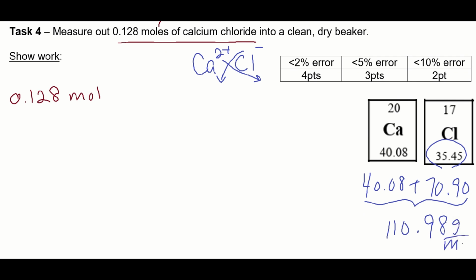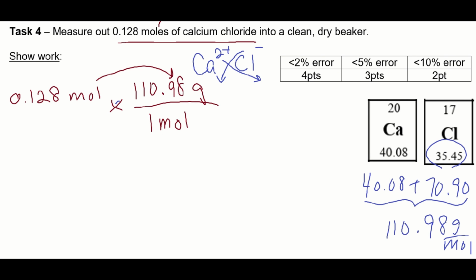grams per mole. All right, so now that we know that, we can use that as our conversion factor to convert moles to grams. Put moles on the other side of our conversion factor, and the number of grams is 110.98. All right, let's punch those numbers in.